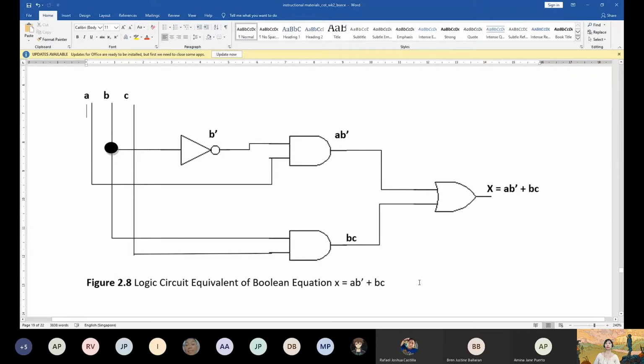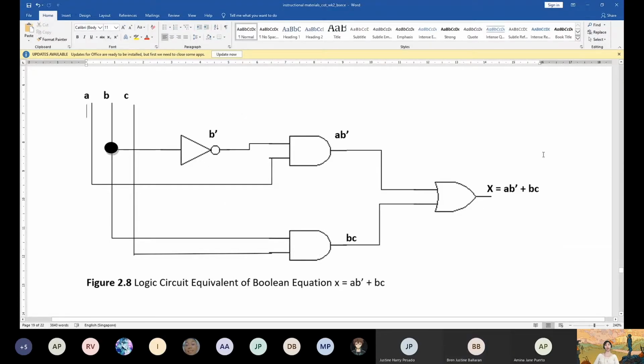None po, ma'am. Okay, so to implement this circuit, how many ICs do you need? Four po. Why four? How many gates? Gate 1, 2, 3, 4.